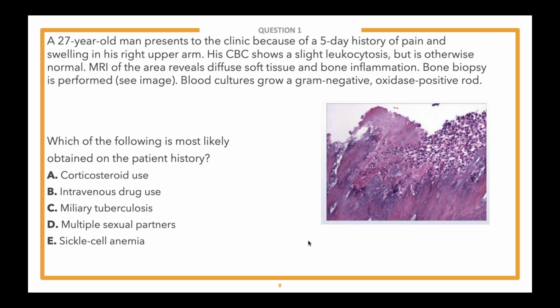So a 5-day history of pain and swelling in the right upper arm. Furthermore, we know that there's a slight leukocytosis, and then they also did an MRI that showed soft tissue and bone inflammation. They did a bone biopsy, and we're seeing that picture. And then blood cultures also grew a specific organism.